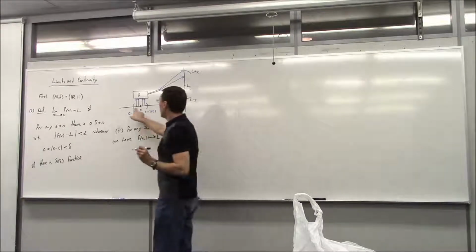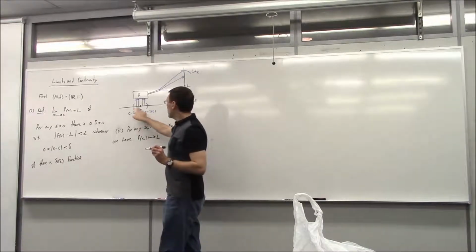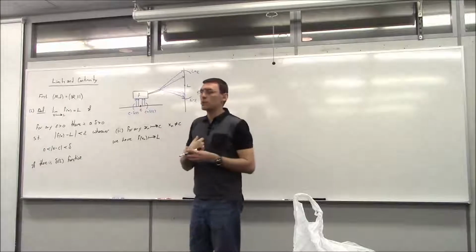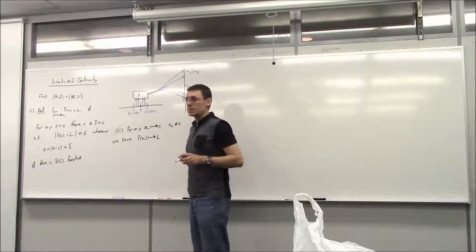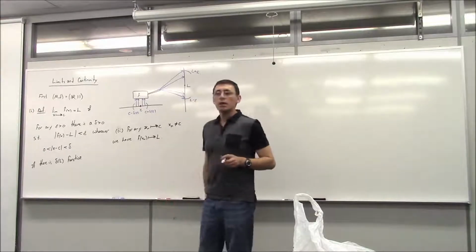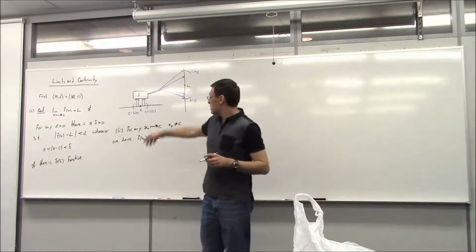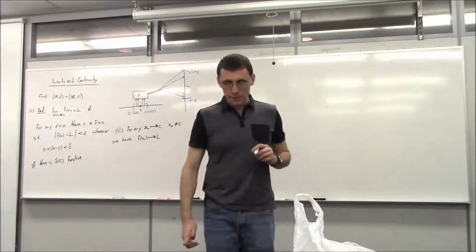I can take any sequence whose terms approach c. Then if I look at the images of each of those terms in the sequence, they will approach L. Okay? So that's the second characterization that we have so far.